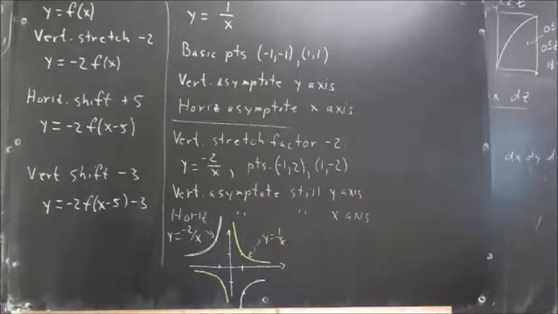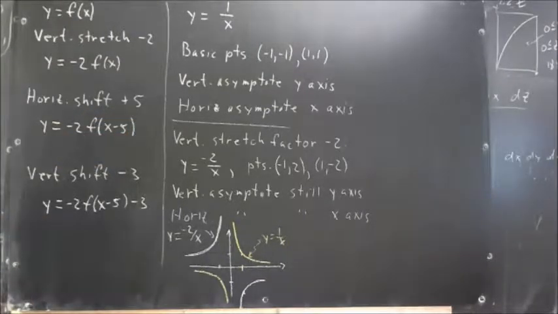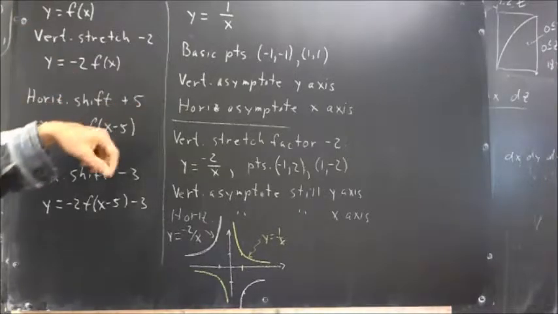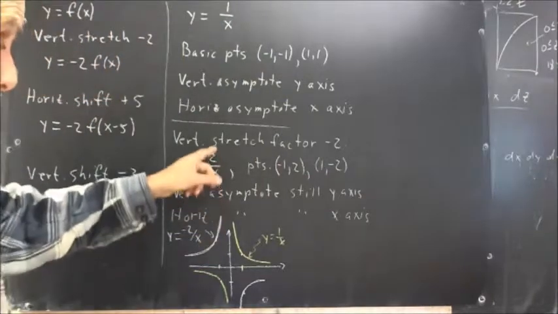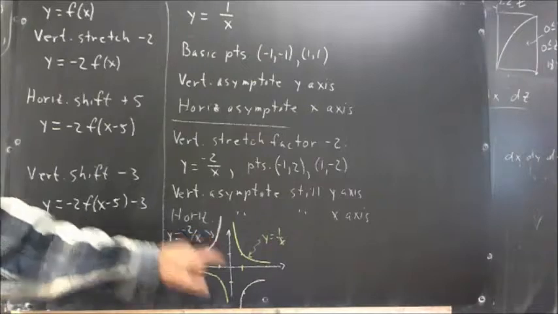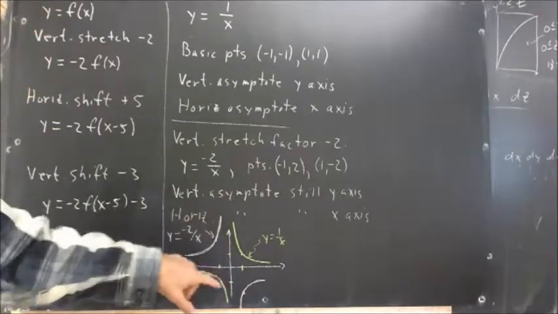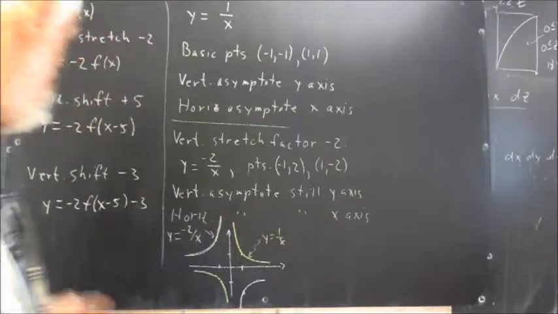Now, if we want to then do a horizontal shift of +5, what's that going to do to the graph? And then what's a vertical shift of -3 going to do to the graph? Well, a horizontal shift of +5 is going to shift this graph over 5 units. And it's going to shift the vertical axis over 5 units. It's going to shift these points over 5 units, the basic points, and the vertical asymptote, okay?